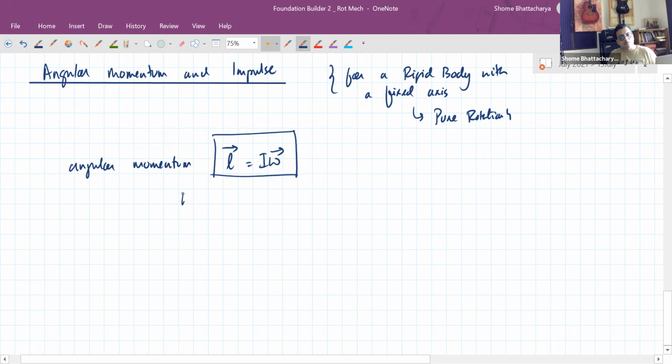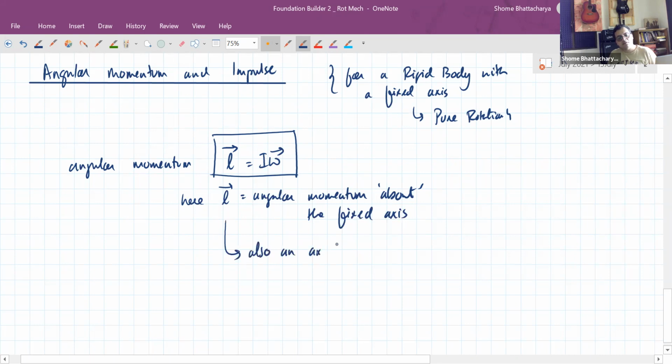But here, L is defined as the angular momentum about the fixed axis. So angular momentum is also an axial vector, like angular velocity, angular acceleration, torque, etc. So it's defined in the same way.